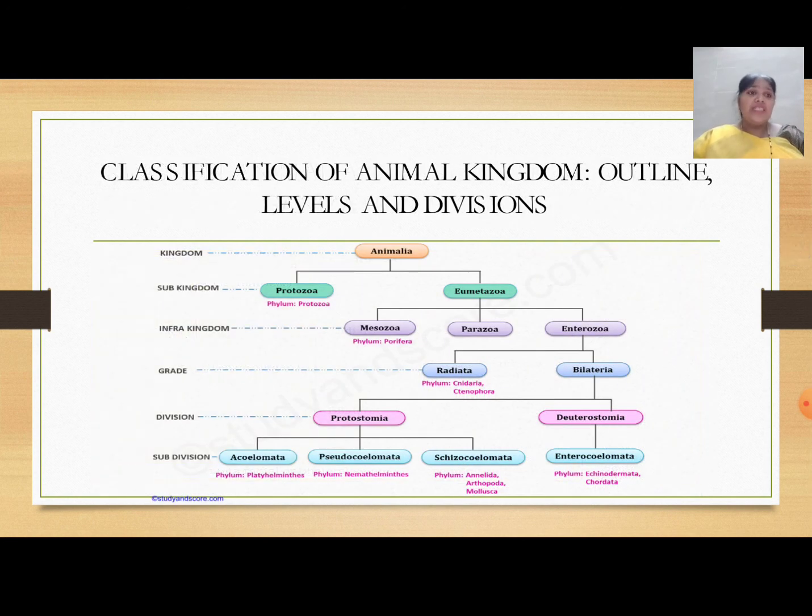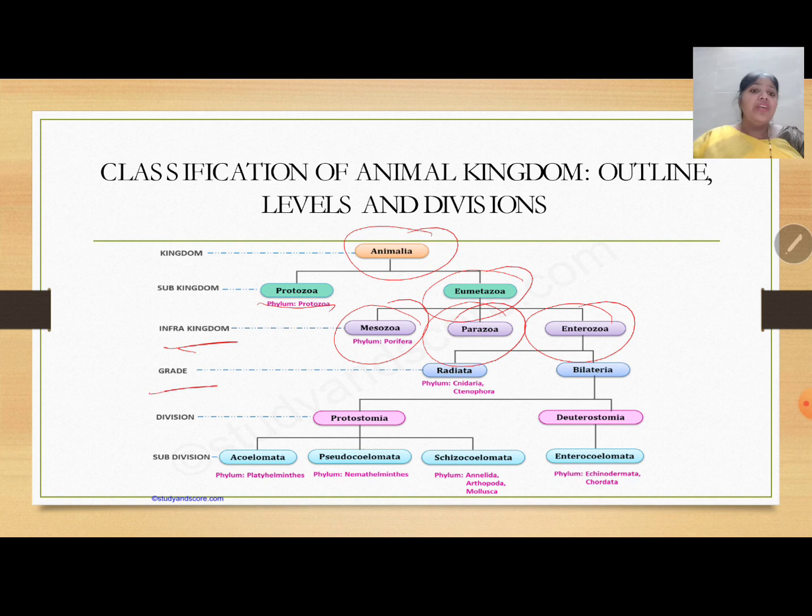There is another classification of the animal kingdom which goes by levels and divisions. You have the kingdom Animalia, subkingdom Protozoa and Eumetazoa, then infrakingdom as Mesozoa, Parazoa and Enterozoa. Then you have grades. Under Enterozoa you have the Radiata and Bilateria.